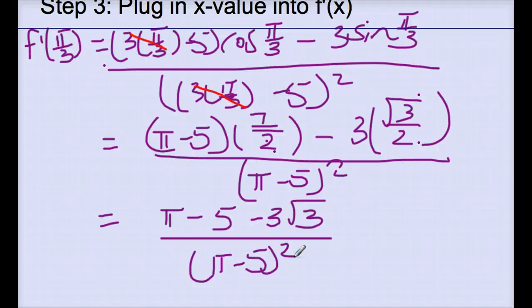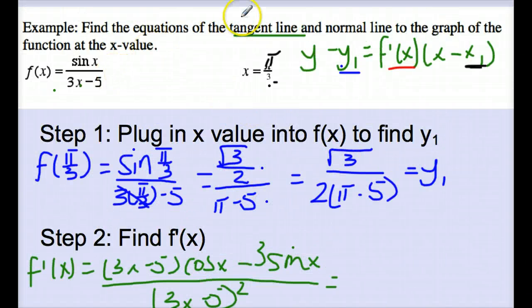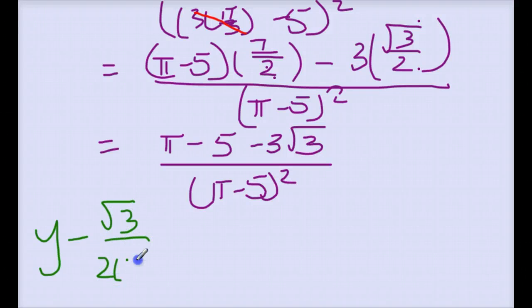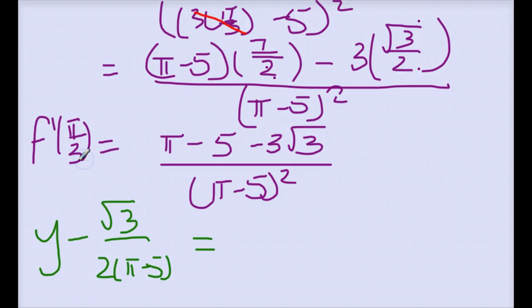If I go back to the problem, you'll notice we're not done because I need to write an equation for the tangent line. Let's fill this out. If you take a look at your sheet, we get y minus y1, and we found our y1 to be square root of 3 over 2 times pi minus 5, is equal to f prime of what we plugged in, which is this answer right here.